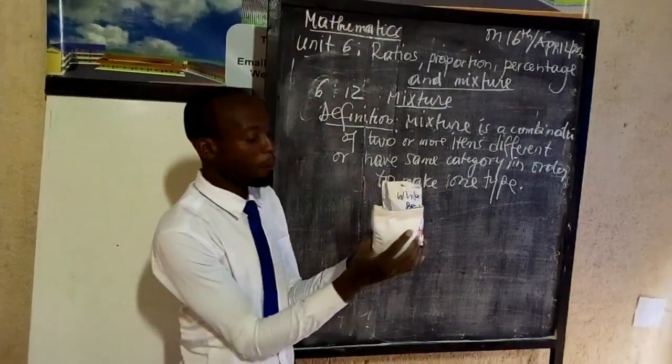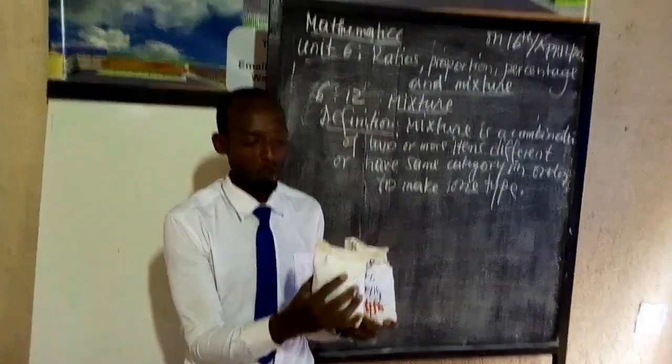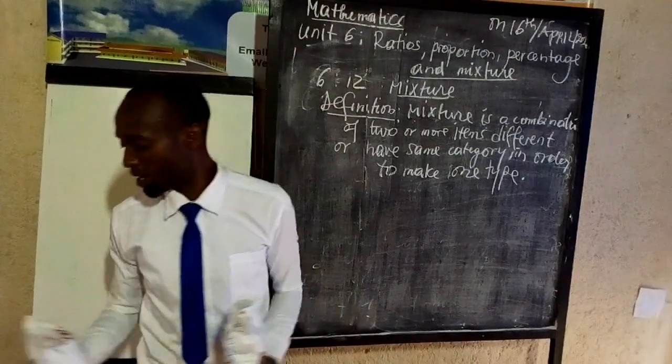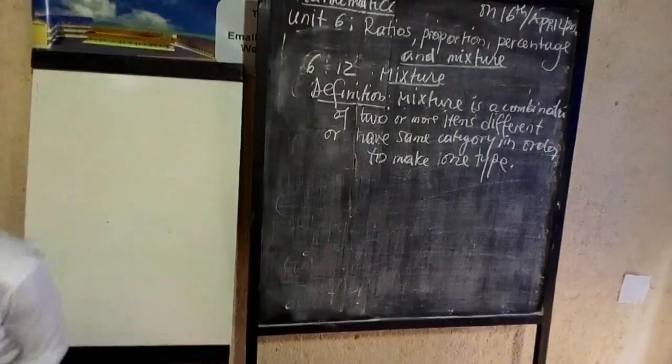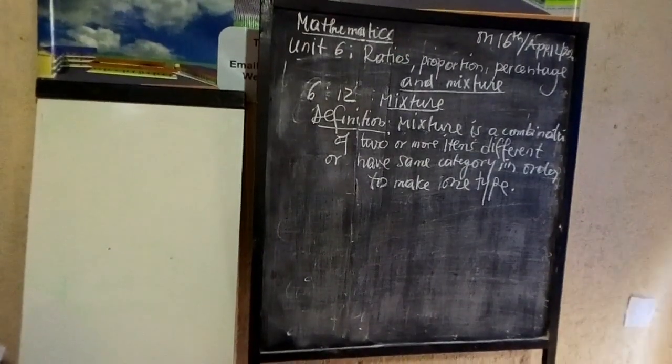This white type itself can't make any mixture, and this type itself can't make a mixture. But after combining, mixing these things together, I get what we call a mixture. Here I have white beans, this is red beans. So I'm going to mix them together.